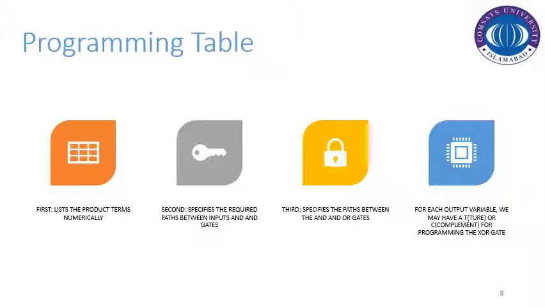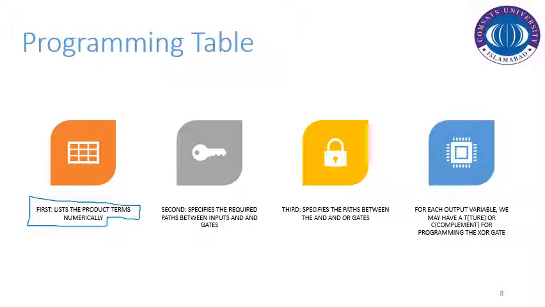So what do we mean by the programming table which we have seen previously? It lists the product terms numerically, what are the number of product terms that are available, which we have seen in the previous table. Secondly, it specifies the required path between inputs and AND gates. So it basically tells us how many paths are required from the input towards the AND gate so that interconnections can be made.